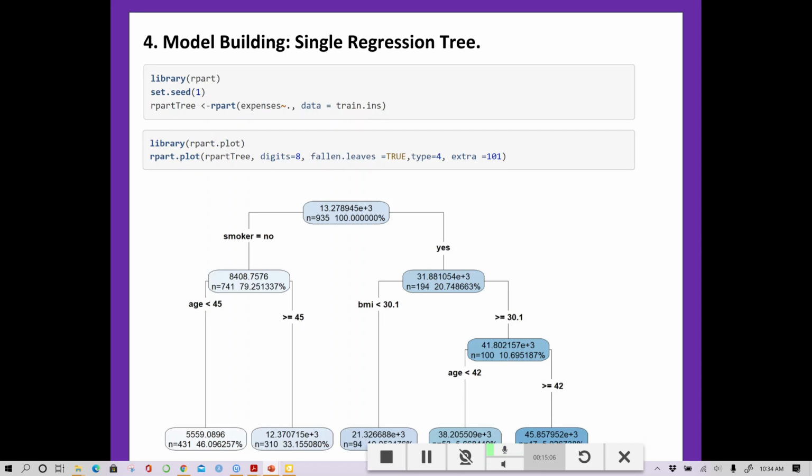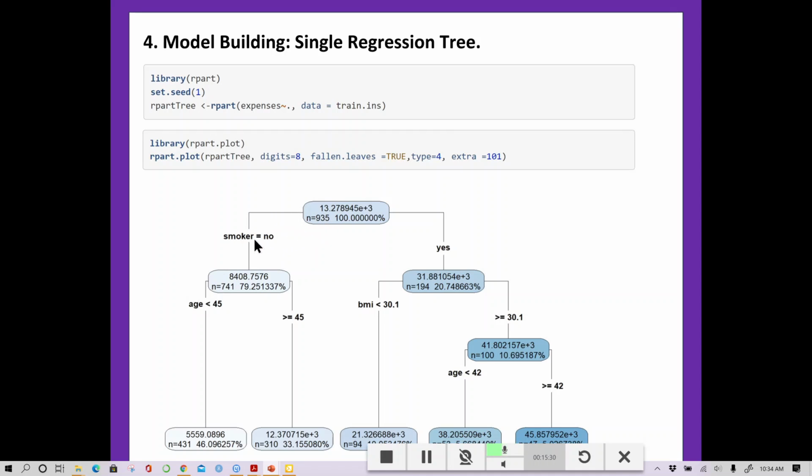Here it is. So we see that this regression tree is indicating that at the root node, it uses the smoker status in order to make a split, which means smoker provides the highest amount of information gain in predicting the medical expenses.